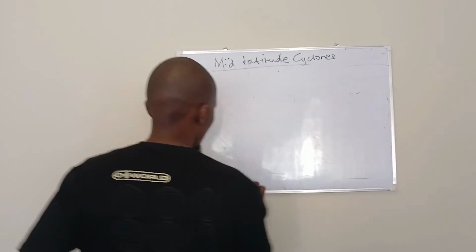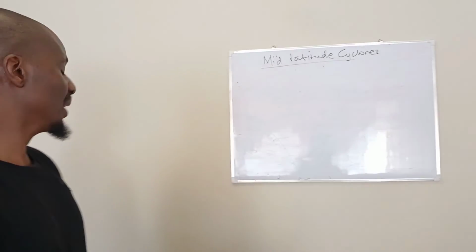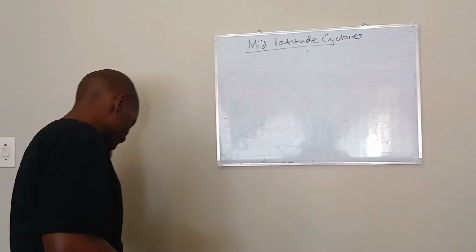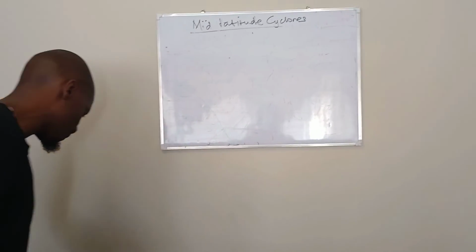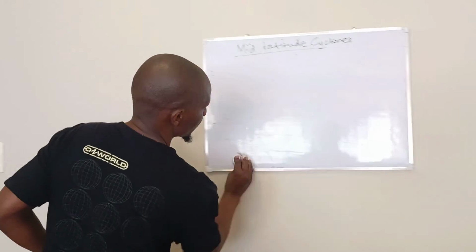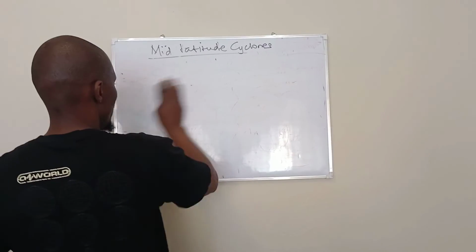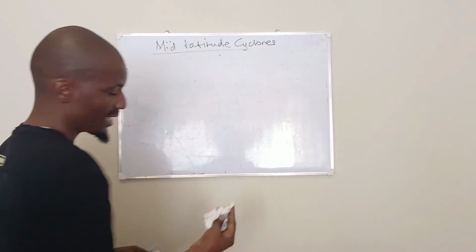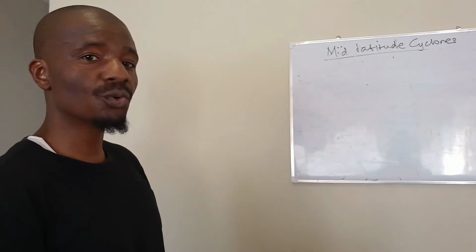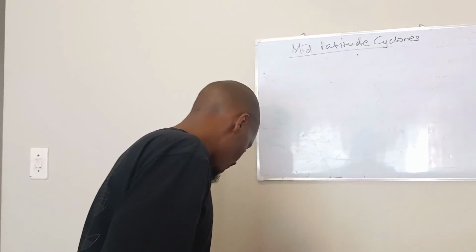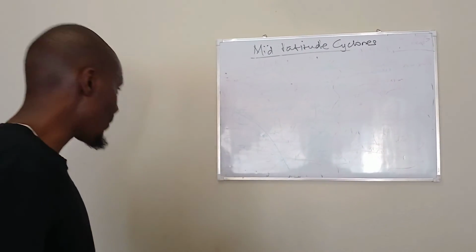So you need to know what some of the impacts are, and also what measures can be put in place to make sure that we protect people against such impacts. So when it comes to geography in general, we identify the problem, we analyze the problem, then we also look for solutions to the problems. So you need to be aware of that.